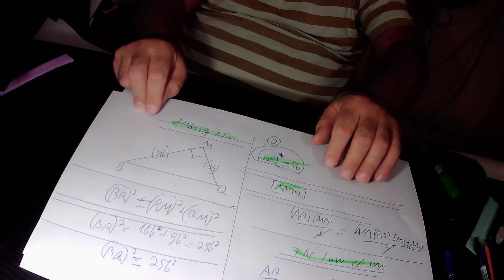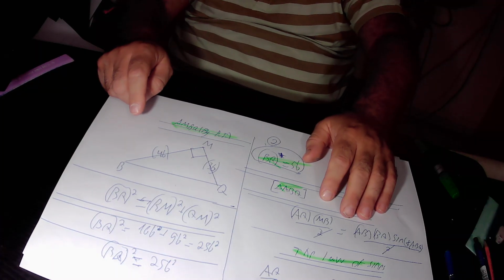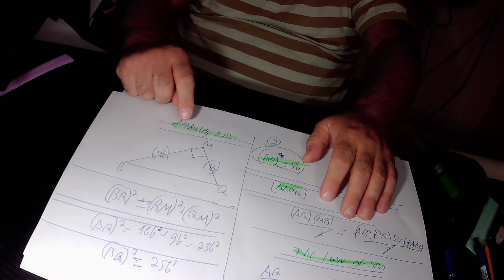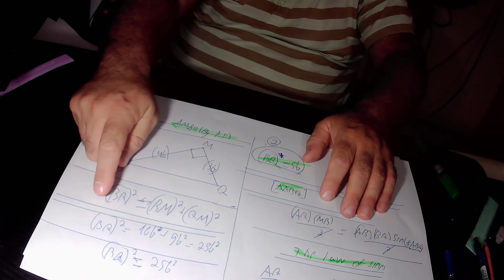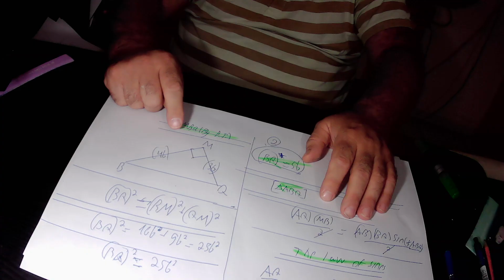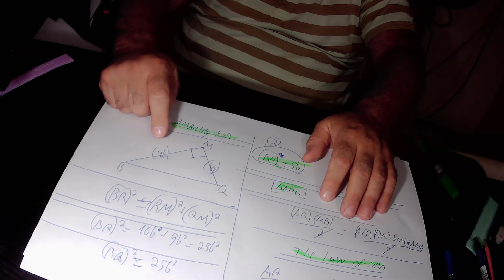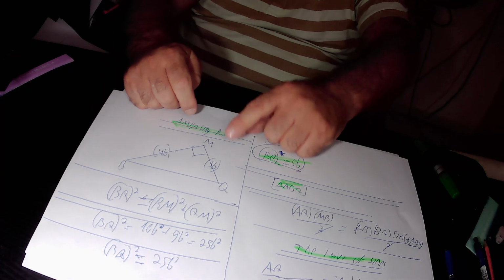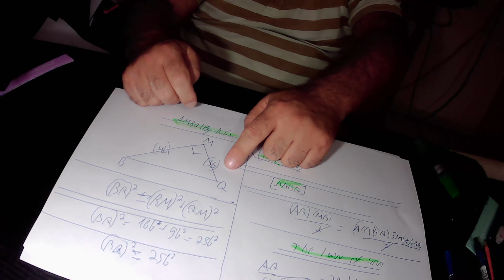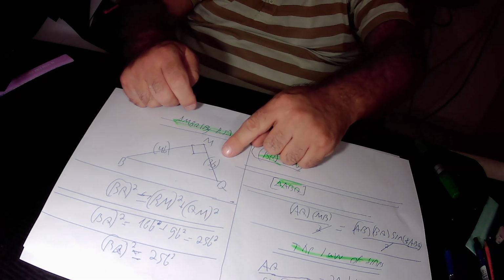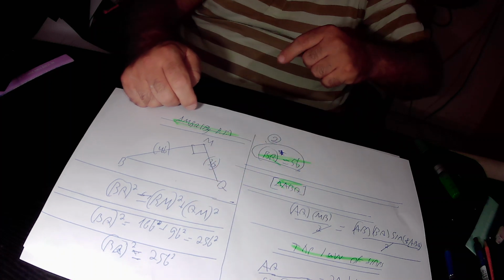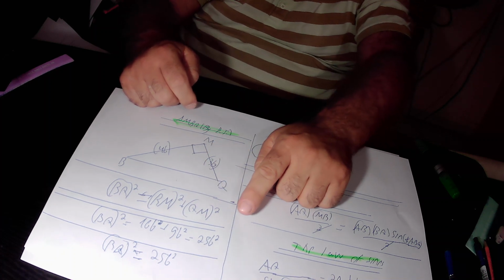In this right triangle BMQ, BQ squared, that is the square of the hypotenuse, equals BM squared plus MQ squared. BQ is the missing side, so BQ squared equals BM squared. BM is 4B, therefore BM squared is 4B squared, that is 16B squared, plus MQ squared. MQ is 3B, therefore MQ squared is 3B squared, that is 9B squared. 16B squared plus 9B squared is 25B squared.